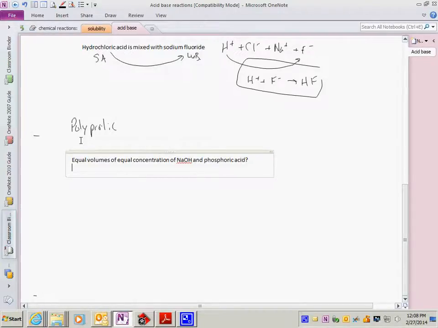In this case, we have a weak acid and a strong base, but this acid is polyprotic, so it's going to be an OH negative.